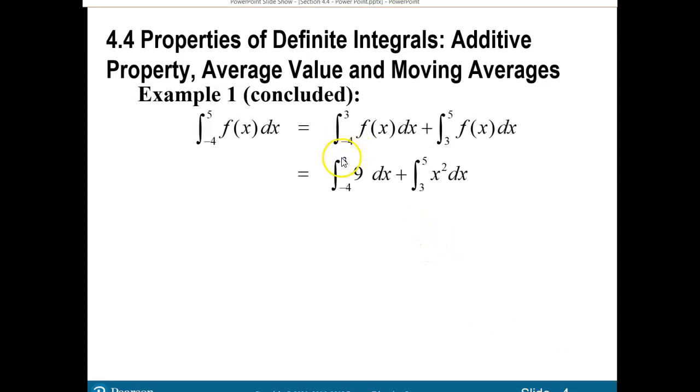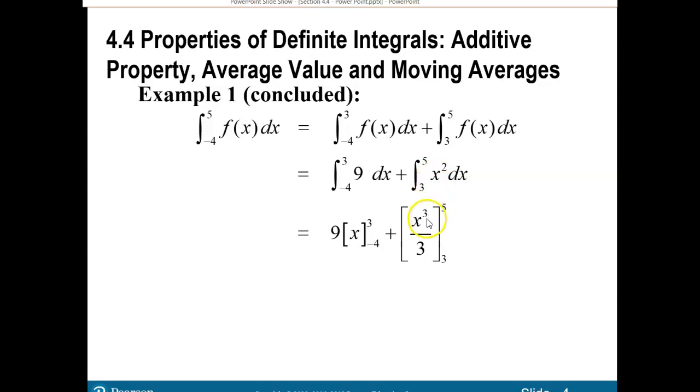From -4 to 3, that applies to the function definition f of x equals 9. And then from 3 to 5, those values of x correspond to the function definition x squared. So my antiderivative here is 9x from -4 to 3.